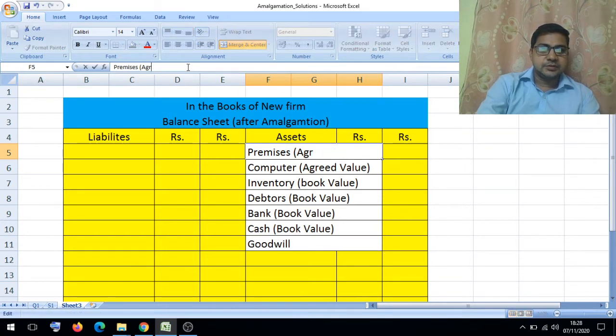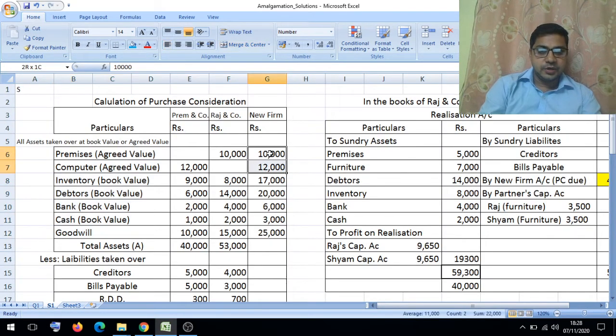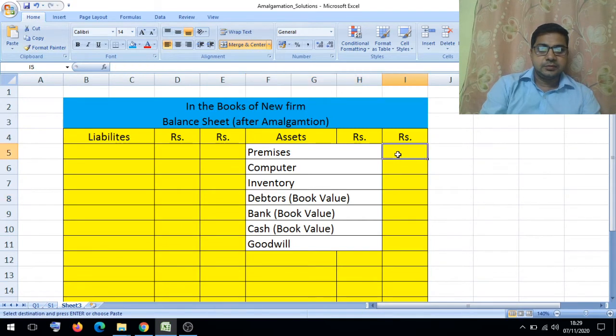It is premises, then computer, then inventory, then debtors. Then I can take this particular column total, copy, and paste all the values here.